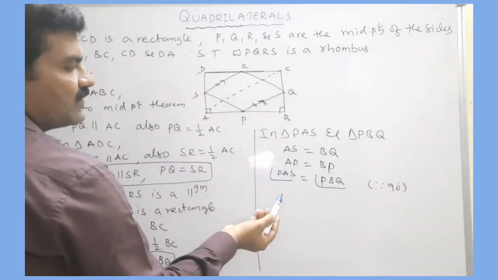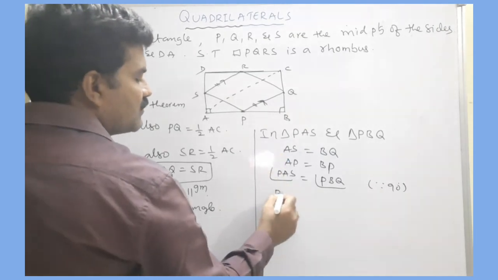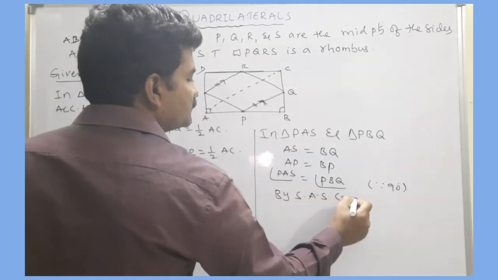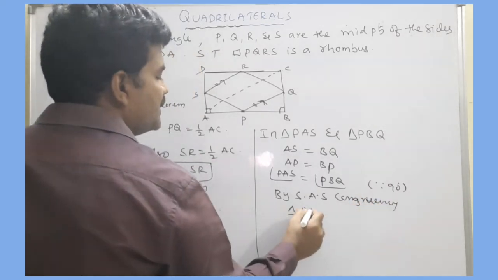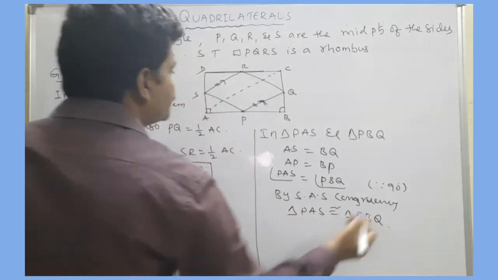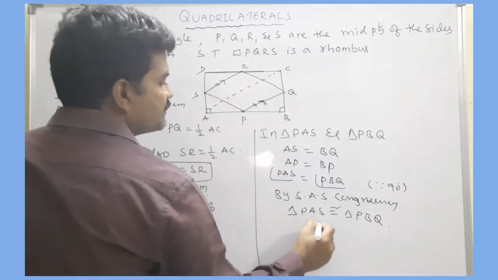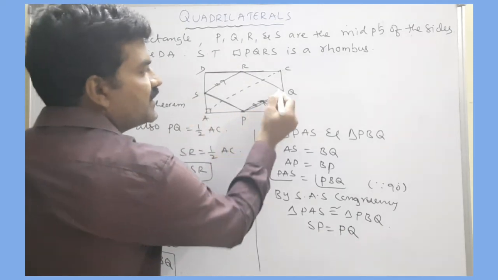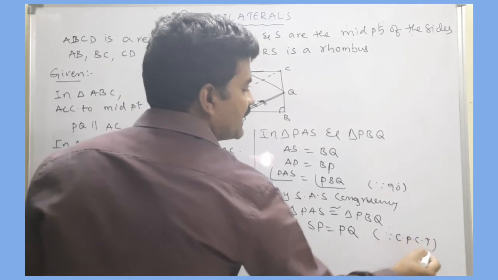So by the SAS congruency rule, triangle PAS is congruent to triangle PBQ. Then SP is equal to PQ, because corresponding parts of congruent triangles are equal.